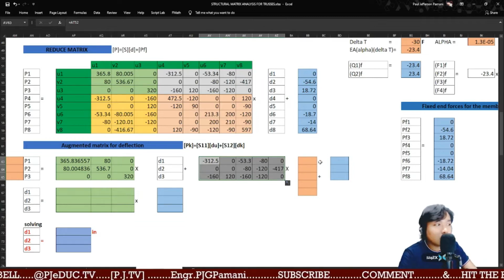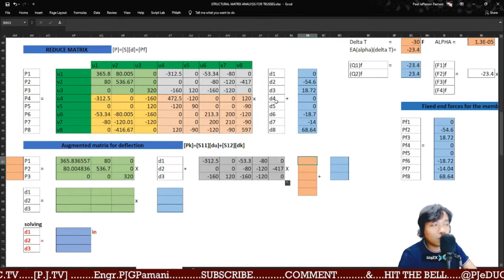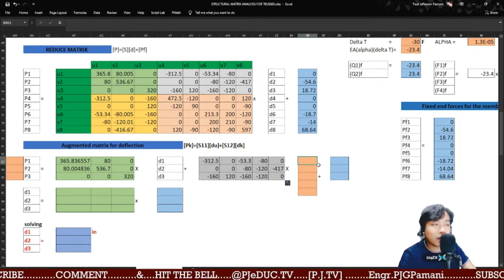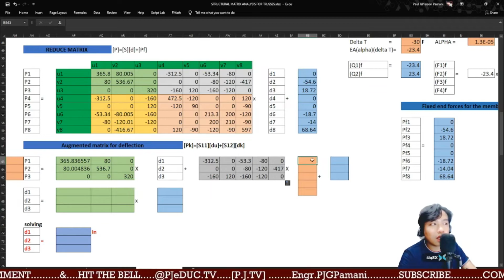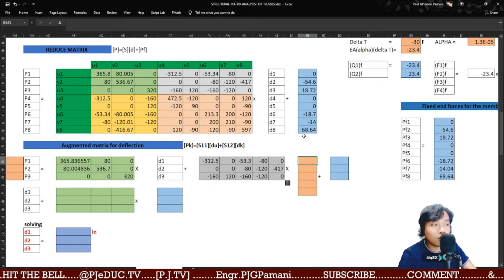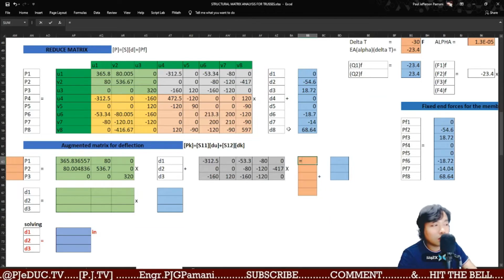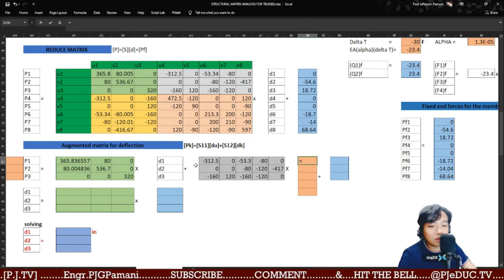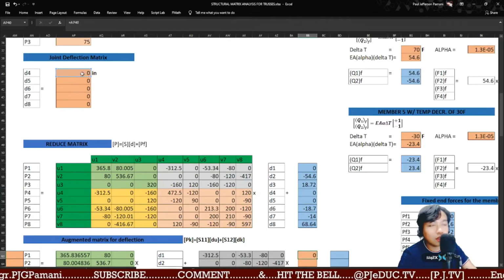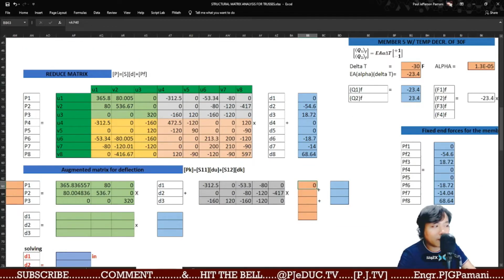Okay? Then, of course, your known deflection. So, kung yan ay 3 by 5, dapat yung multiplier mo is also a 5 by, basta, conformable yung column with the row. So, equal to zeros, which is this one, D4 to D8.